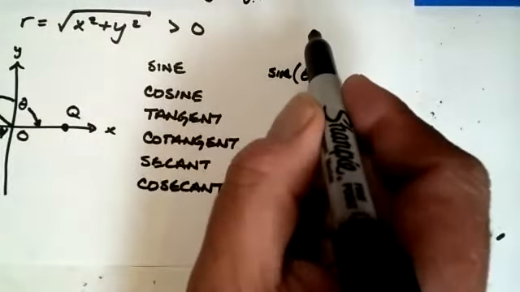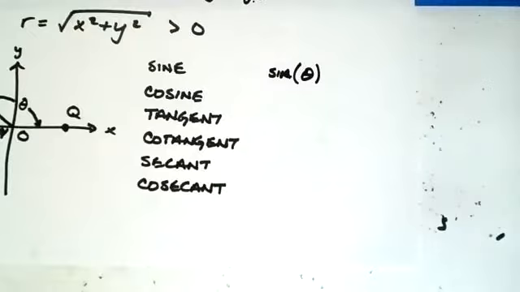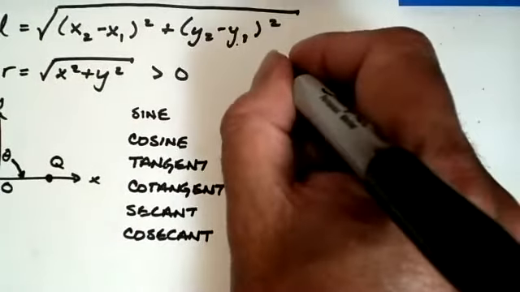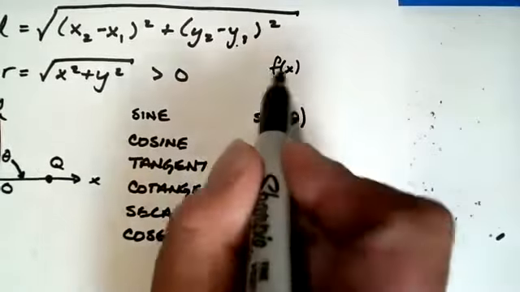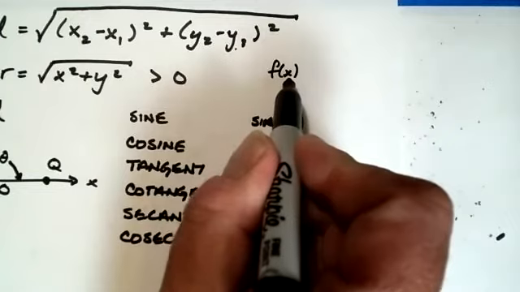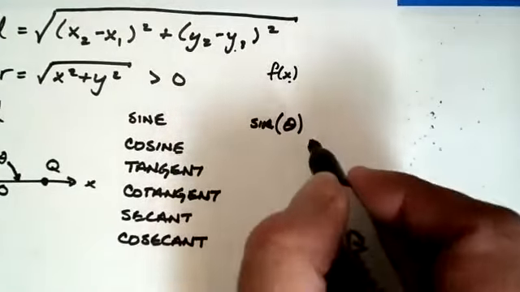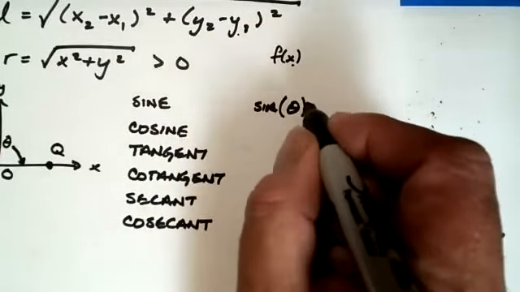So this is what I was saying is the input. Sin by itself does not mean anything. And you may recall the similar notation you had in college algebra was f of x, right? F didn't really mean anything, but f of x did have some meaning. Okay, so we have sine of theta, the lowercase sin of theta.